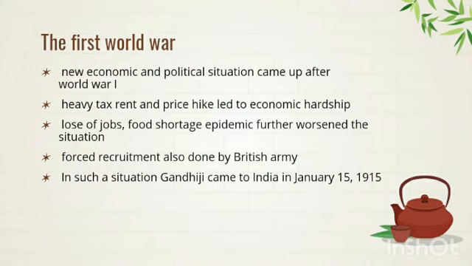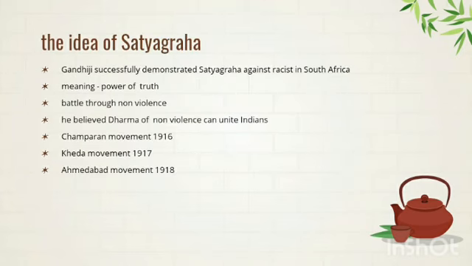People suffered from an acute shortage of food, influenza epidemic, etc. In such a critical situation, a new leader called Mohandas Karamchand Gandhi came to India in January 1915.